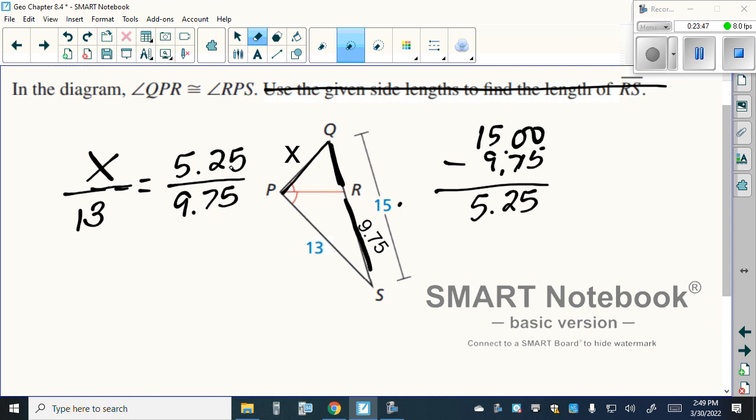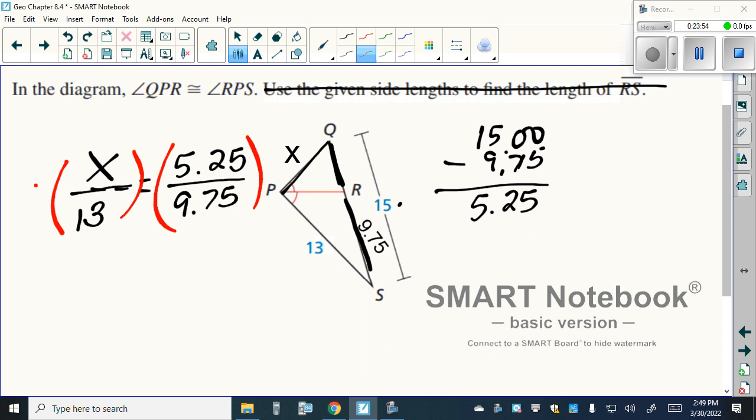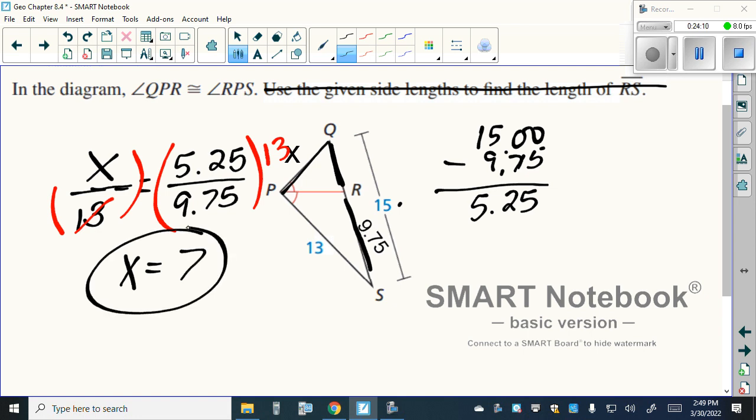Now what do we need to do next? Multiply both sides by 13. Here the 13 and 13 would cancel. Now this looks like it's going to give us an ugly number, but it doesn't. It gives us 7. It's kind of nice when it works out to be a nice number.